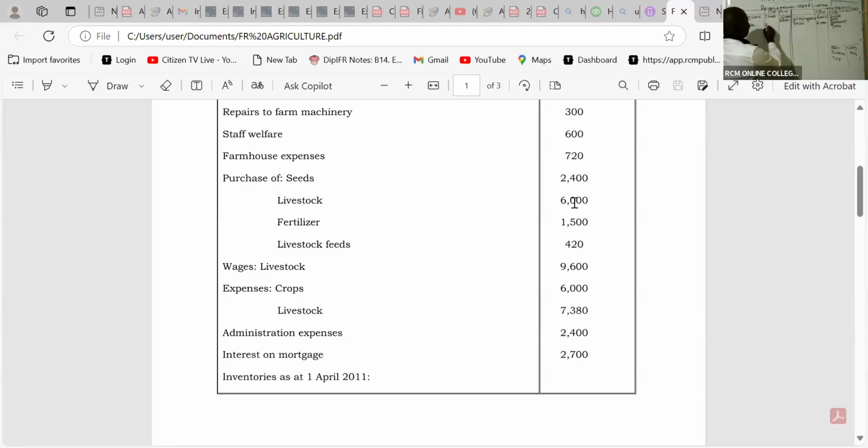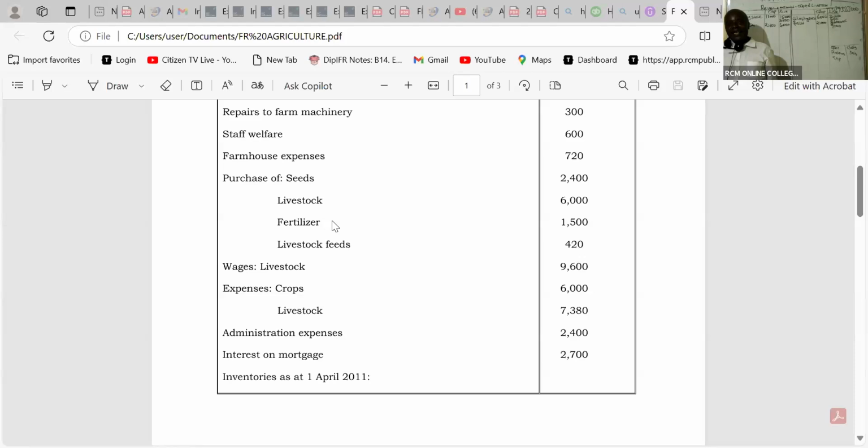And the crops. Then, ladies and gentlemen, if you look at the next purchases here, livestock, 6,000. We still continue, it doesn't end there. We have fertilizers. So fertilizers will be booked under which biological asset? Can they be booked under livestock?